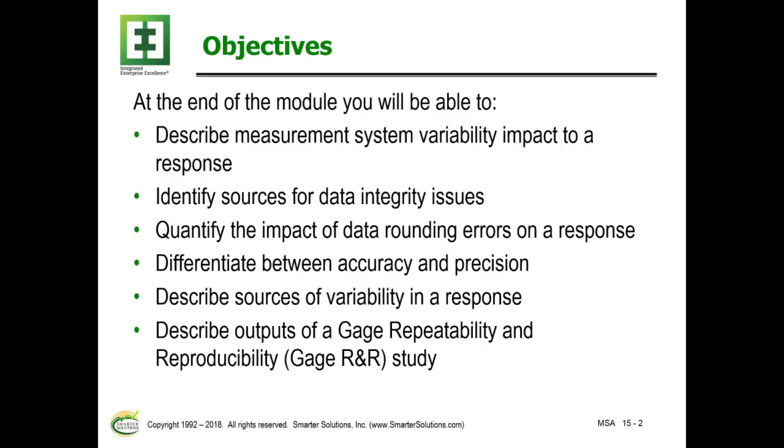At the end of this module, you'll be able to describe the measurement system variability impact to a response, identify sources for data integrity issues, quantify the impact of data rounding errors, differentiate between accuracy and precision, describe sources of variability in response, and then also look into one of the techniques as part of a measurement system analysis, the gauge repeatability and reproducibility study.